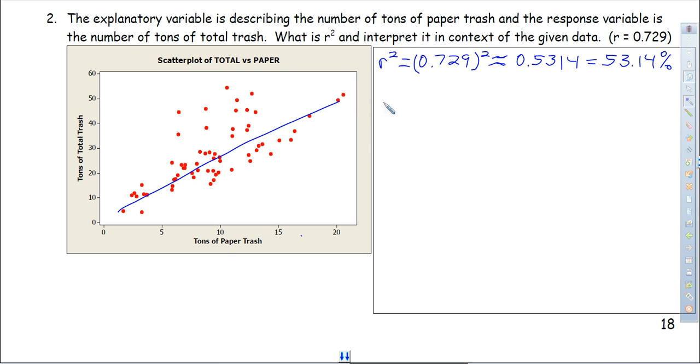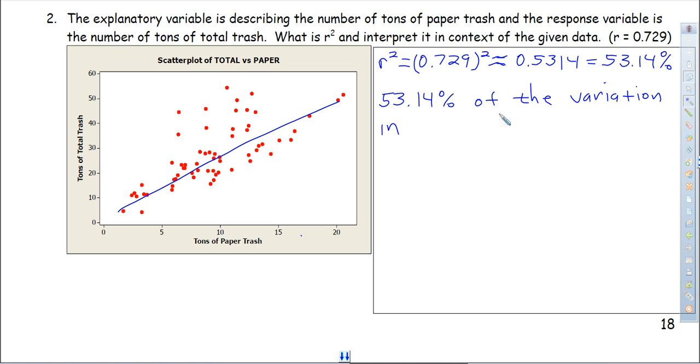So this tells us that 53.1% of the variation in, what are we looking at? We're actually analyzing tons of total trash.